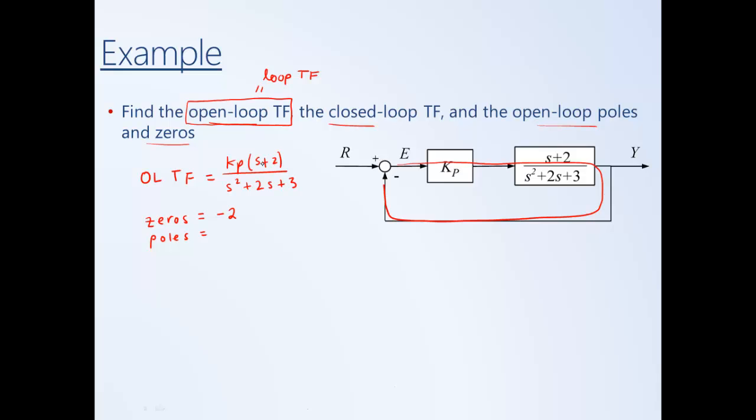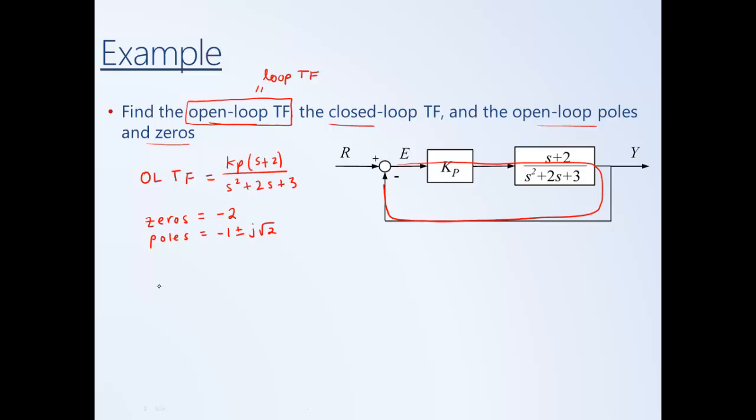That's the value of s that makes the numerator equal to 0. The poles of the transfer function we can find by applying the quadratic formula to the denominator, values of s that make it equal to 0. And so if we do that, we get conjugate poles of -1 plus or minus j times the square root of 2.